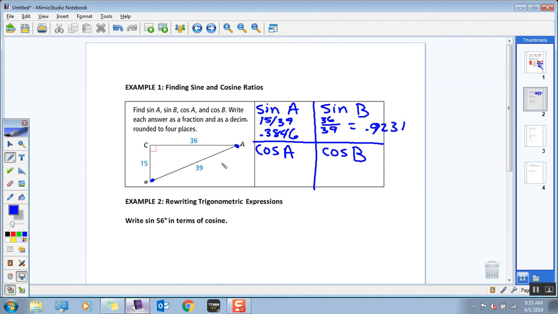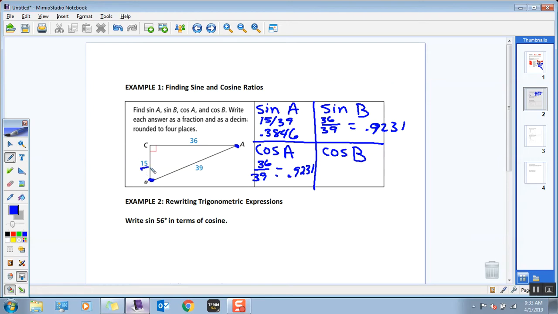All right, what'd you get for cosine of A, kids? You're back at A. How about cosine of A? 36 over 39. I'm going to guess that 36 over 39 is about 0.9231, Sonny. Guys, what do you notice about the cosine of A and the sine of B? They're the same. So if you know the sine of A, you probably know the cosine of B down here.